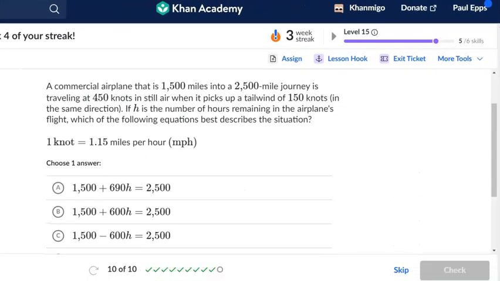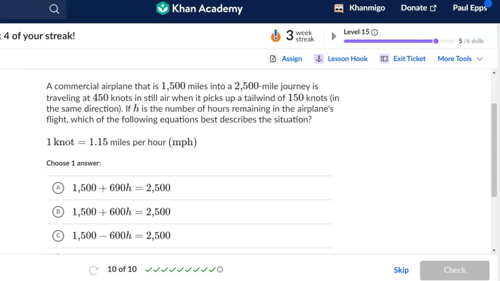All right. A commercial airplane that is 1,500 miles into a 2,500 mile journey is traveling at 450 knots in still air, when it picks up a tailwind of 150 knots in the same direction.